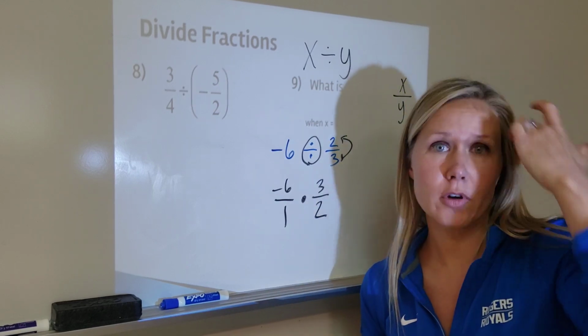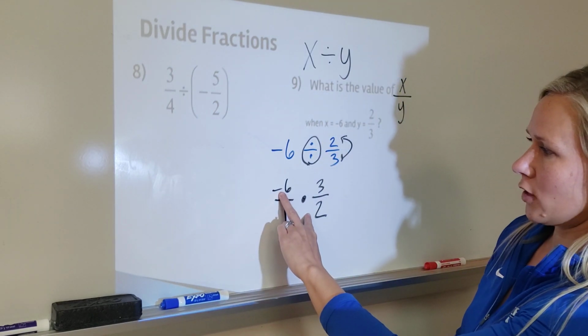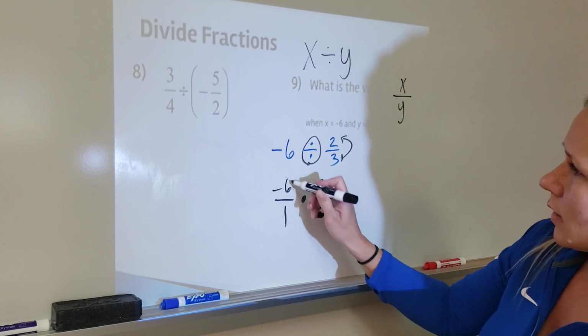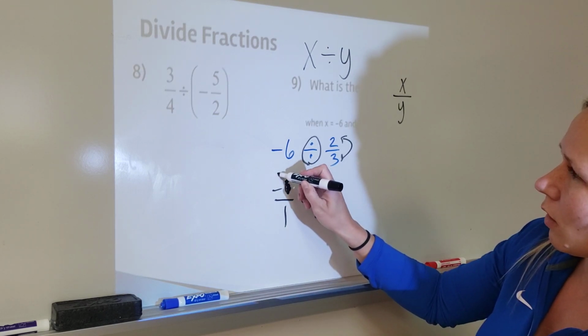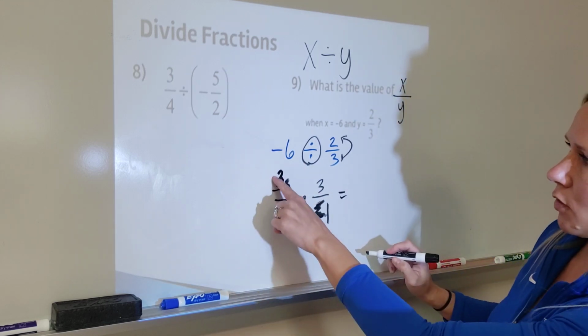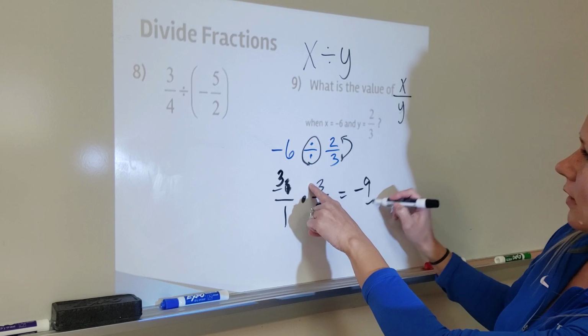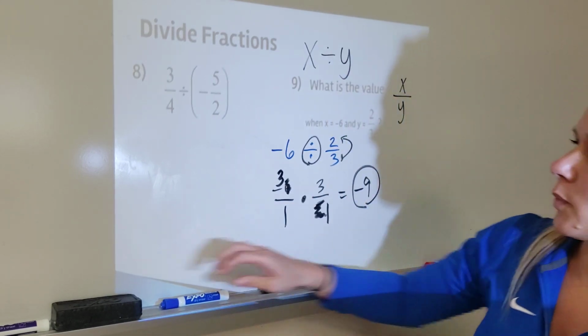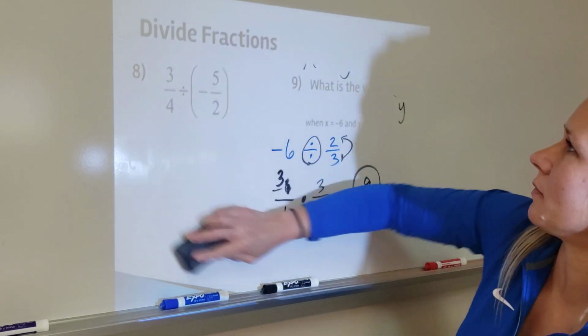Now, simplify before you multiply. Here, I have a numerator and denominator divisible by 2. Divide by 2, 1. Divide by 2, I get 3. Now multiply straight across. -3 times 3, -9. And that's what I end up with for my answer. Not hard, but we're going to see it more in algebraic notation.